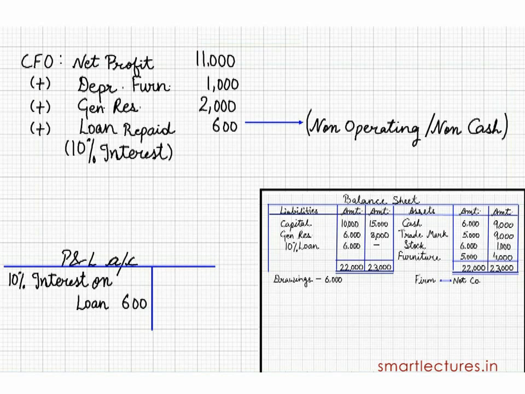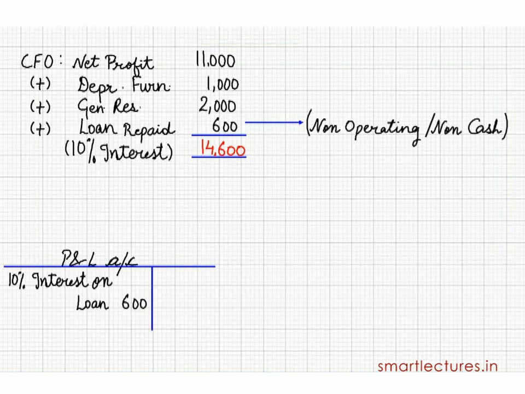So what will we do? We'll add back. I have already told you, if you find any non-cash item or non-operating item on the debit side of the profit and loss account, that will be added back to net profit so that we can reach cash from operation. So it will be added back, rupees 600. In this way: net profit 11,000, general reserve 2,000, depreciation 1,000, interest on loan 600, total 14,600.